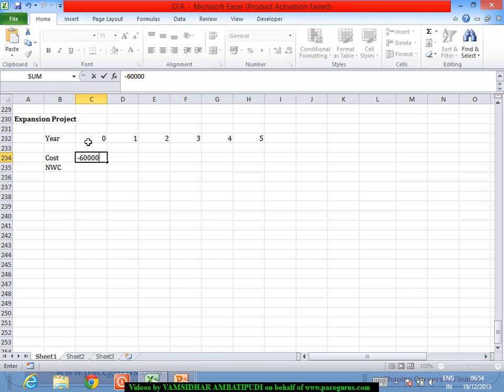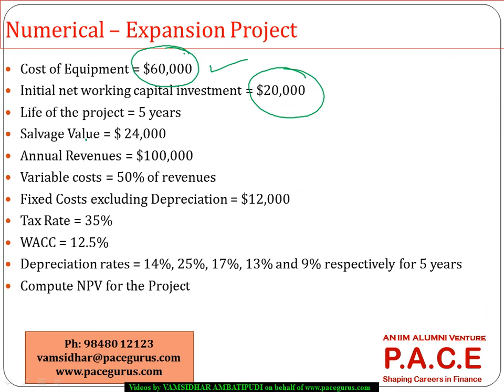The cost is a negative cash flow of 60,000, whereas the working capital is a negative cash flow of 20,000. So overall the initial outlay is to the extent of 80,000. That's the first part. Because it's an expansion, I don't need to adjust for the cash flows from the old equipment or the old project.